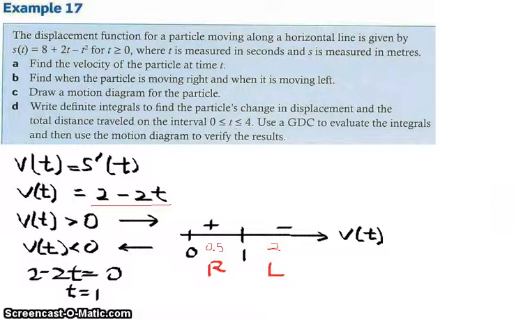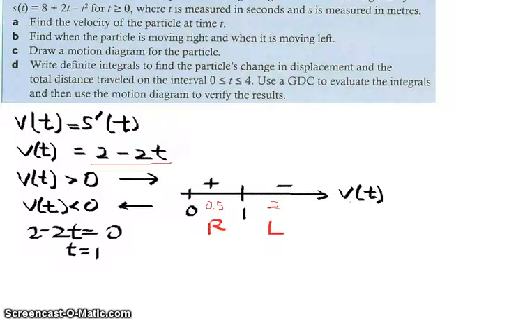Let me scroll down a little bit. So S of 0 gives me the displacement when time is equal to 0, which is just 8, right? That is just 8 from here, from the top. S of t is equal to this, and since my t is equal to 0, my S of 0 is equal to 8.